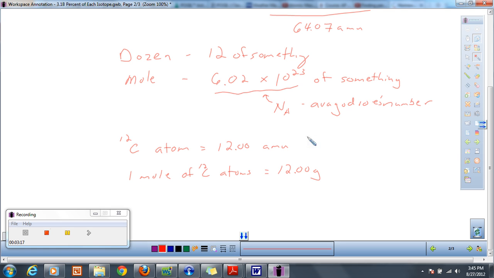And so it's convenient, don't you think, that the mass of this atom in atomic mass units is actually the same number as the mass of one mole of that. So atomic mass is going to be the same number as the molar mass.